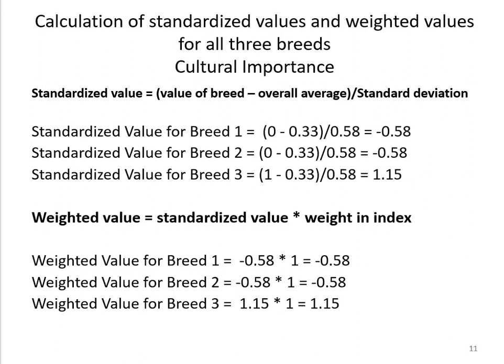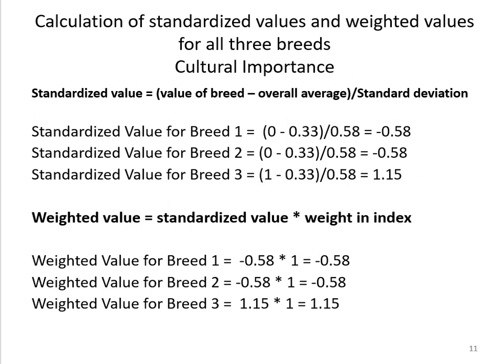Similarly for cultural importance: standardized values for all 3 breeds are the value for that specific breed minus the mean, divided by the standard deviation. The weighted value is the standardized value multiplied by the weight in the index, which is minus 0.58.